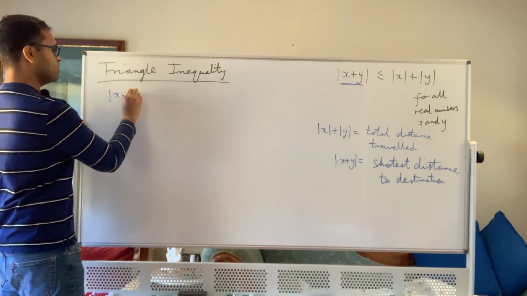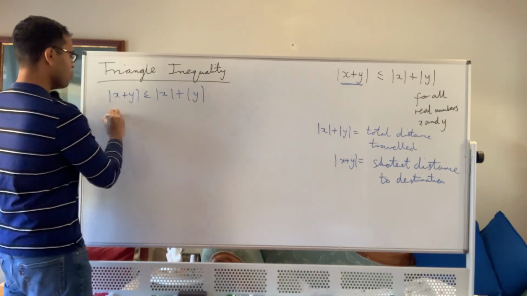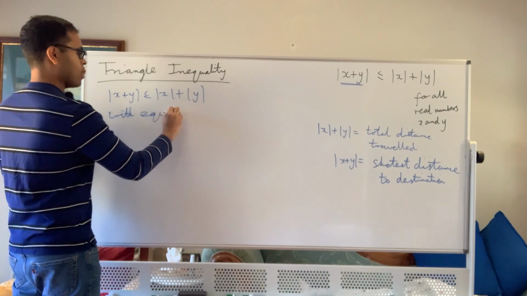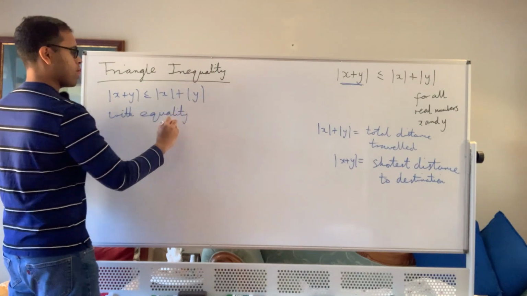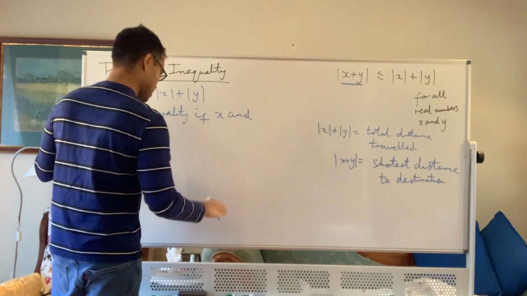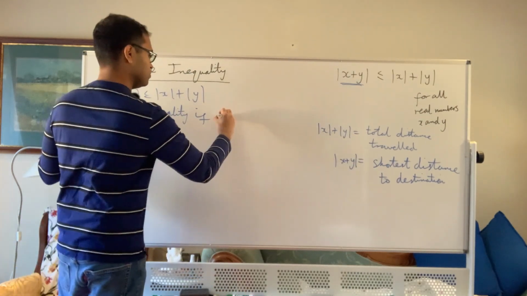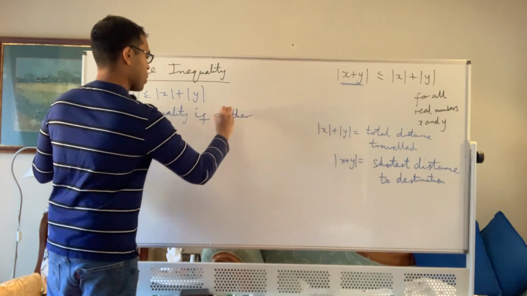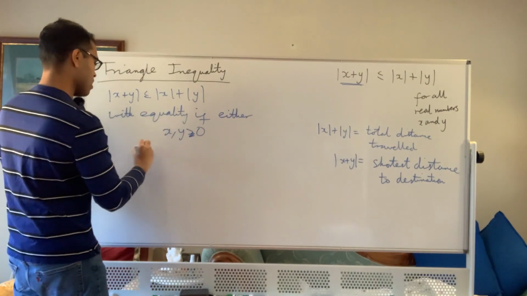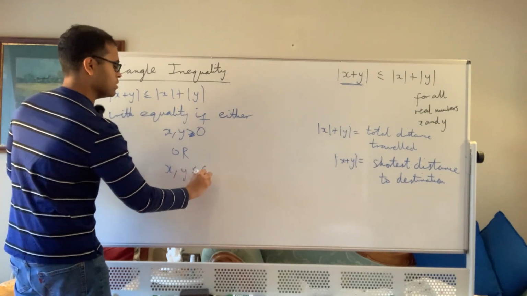So absolute value of x plus y is less than or equal to absolute value x plus absolute value y, with equality if x and y, one way of saying this is the following: if either xy is at least 0 or xy is less than or equal to 0.